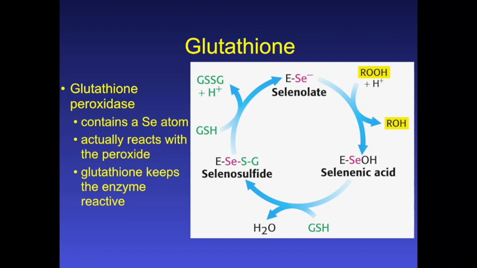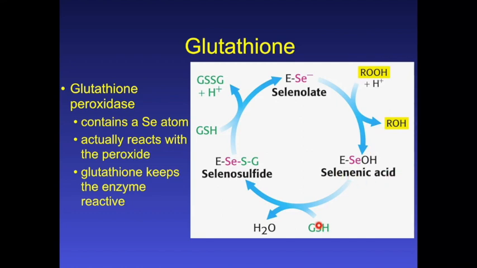The glutathione will actually react with an enzyme called glutathione peroxidase. In that, there is a selenium ion in the active site, and the selenium ion needs some electrons. When it has an extra pair of electrons, it can react with the peroxide, create a hydroxide, which is non-reactive, and I create an acid form of that.